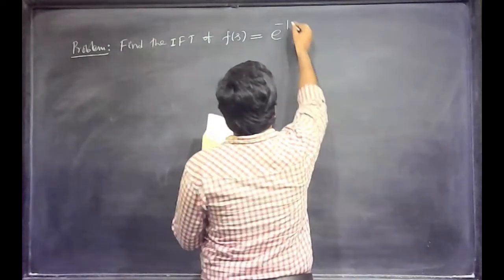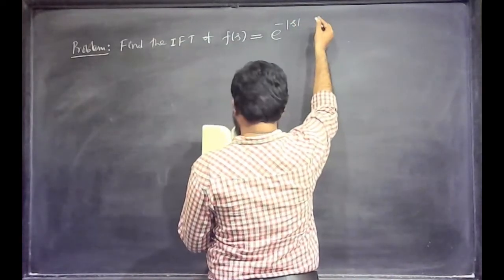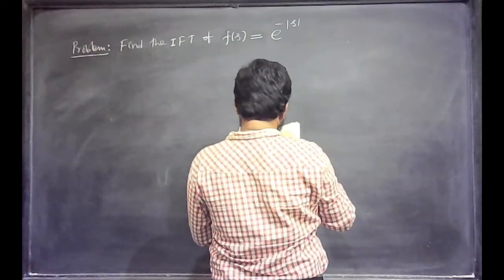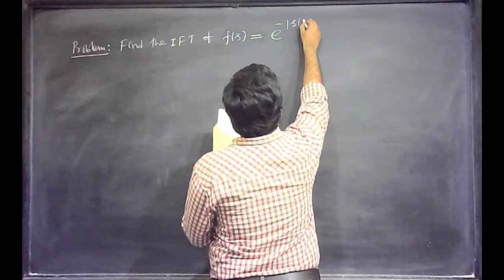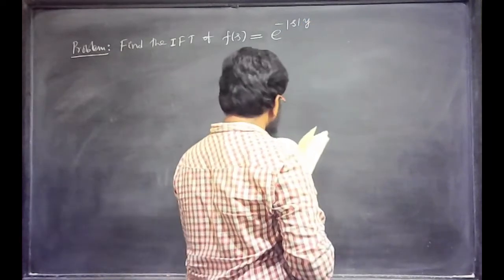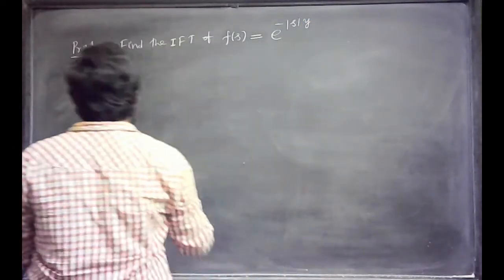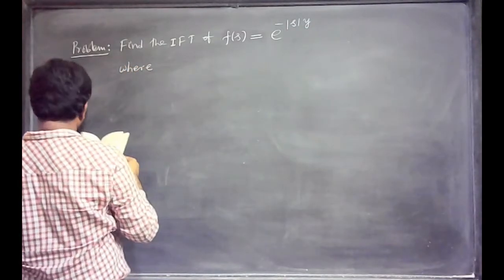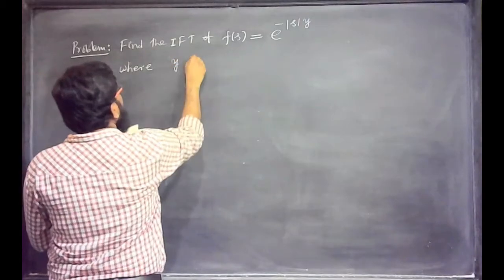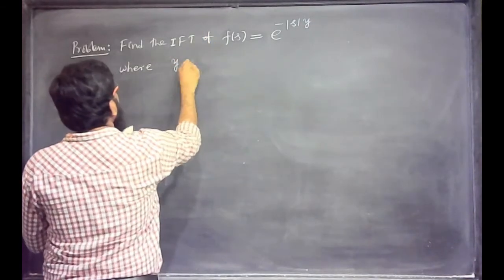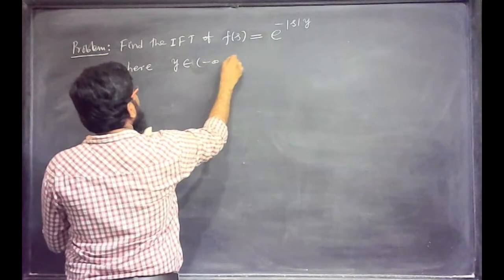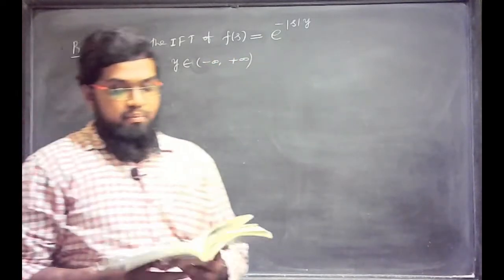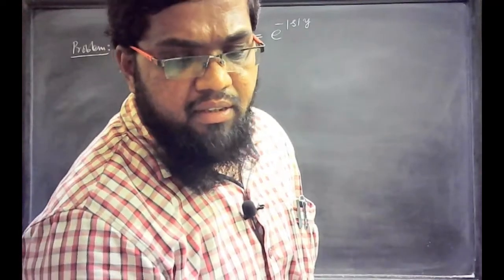That is e power minus a times modulus of s, where s belongs to minus infinity to plus infinity.